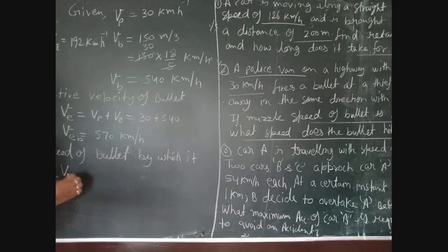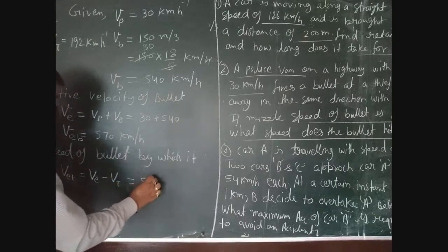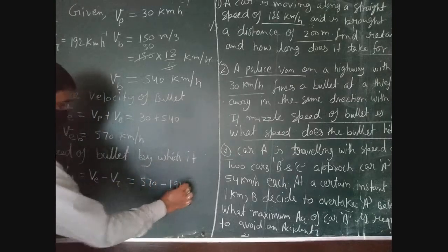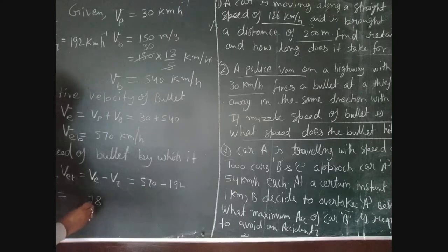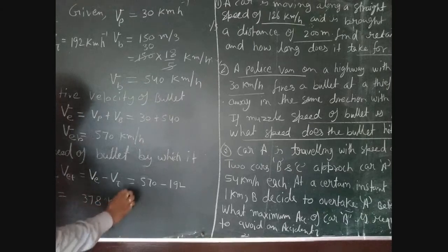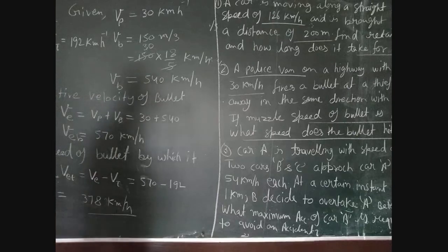VE minus VT, that is 570 minus 192. This is actually the speed of the bullet by which it hit the car. Just note it.